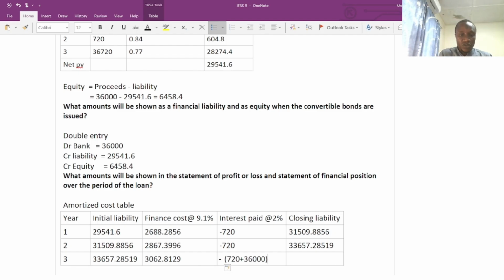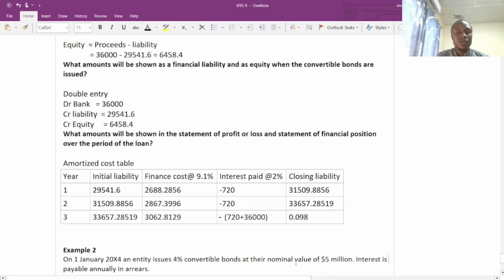So this will give us 33,657.2519 plus 3,062.8129 minus 36,720. The answer will be 0 point something because of the rounding error, 0.098, whichever. So in the situation where the option will not be exercised, this is how we are going to account for it. So nothing to worry about. We can keep it simple in this particular situation.